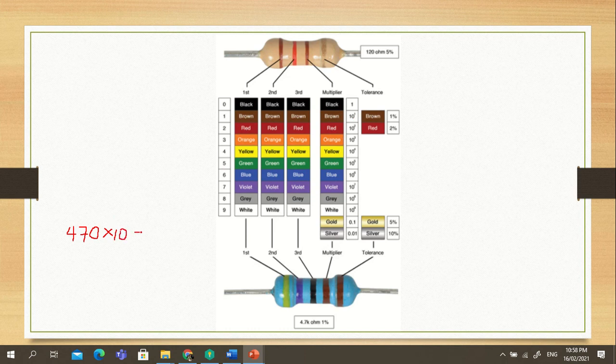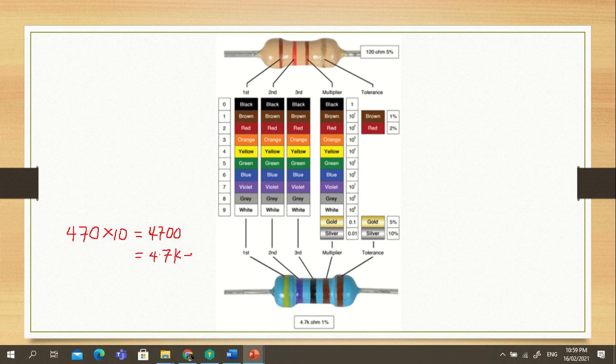This is equivalent to 470 times 10, which is 4,700 ohms. Or, since 1,000 means K, this is equivalent to 4.7 K ohms.